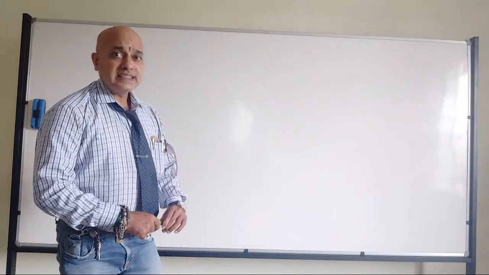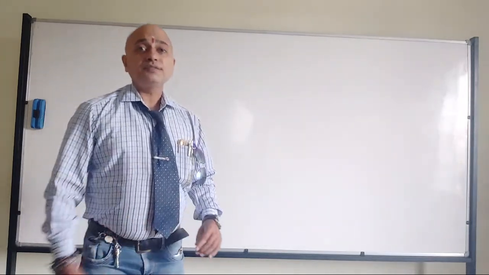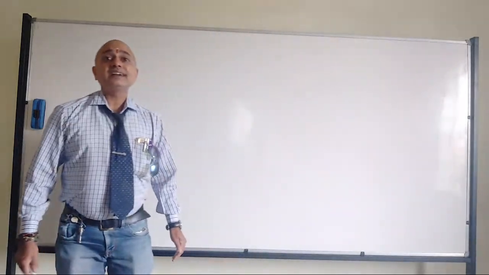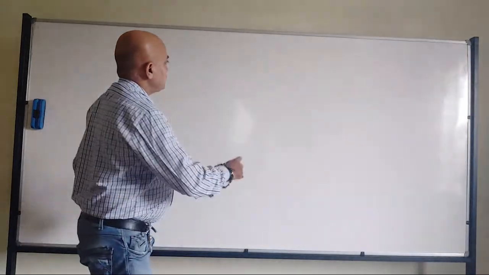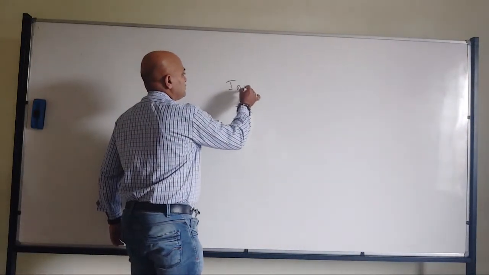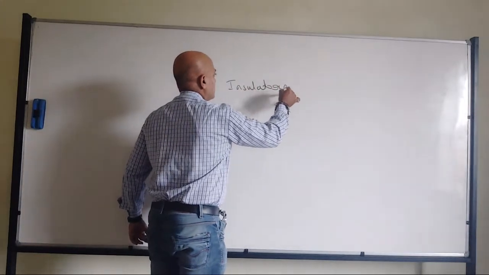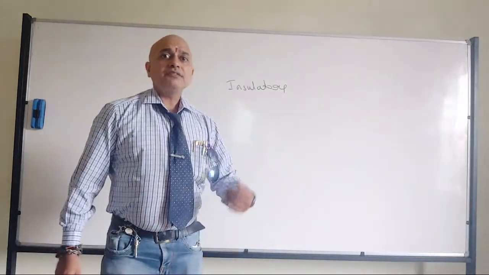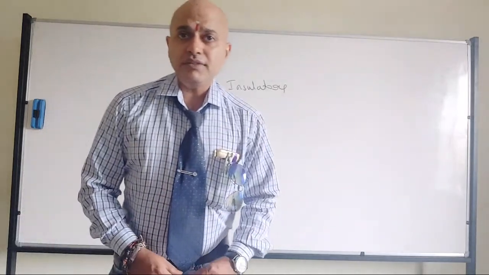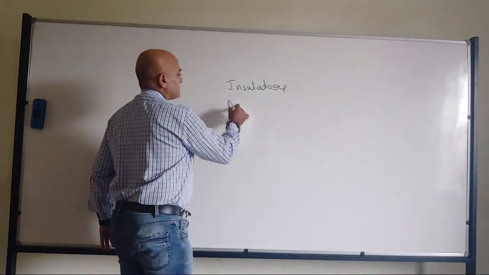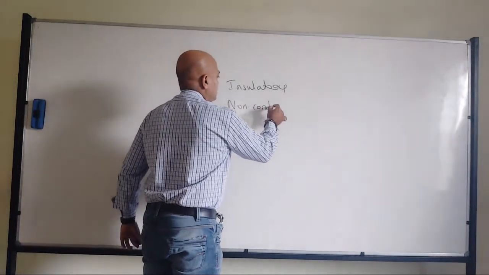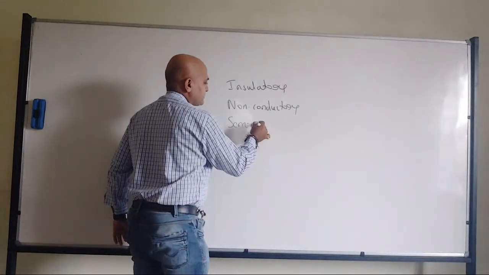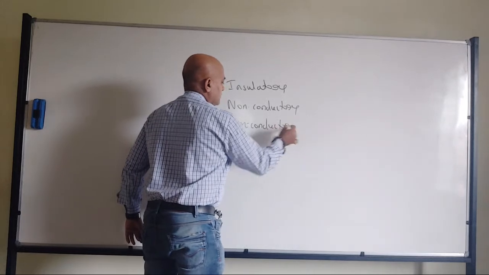Now we will come to the next point, another property of solids, that is electrical conductivity. In physics you might have already discussed that we have insulators, which resist electric conductivity, then non-conductors, then semiconductors, then conductors.